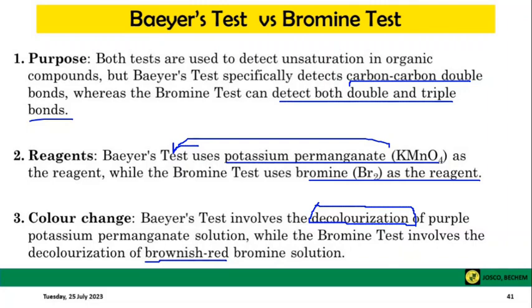So in both instances, we agree that there's decolorization. However, the difference is in terms of the decolorization of the reagent. Purple to colorless for Bayer's test, brownish red to colorless for the bromine test.